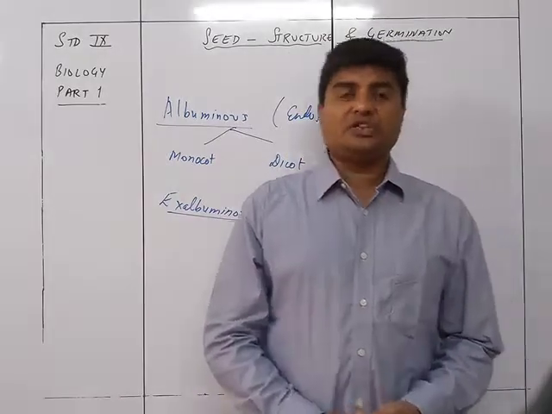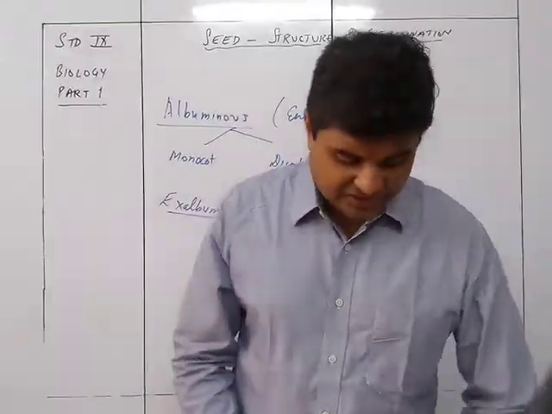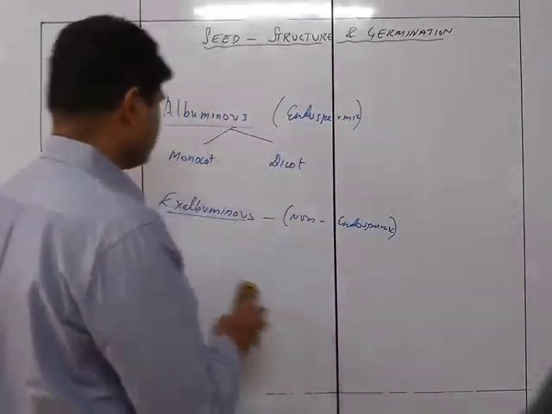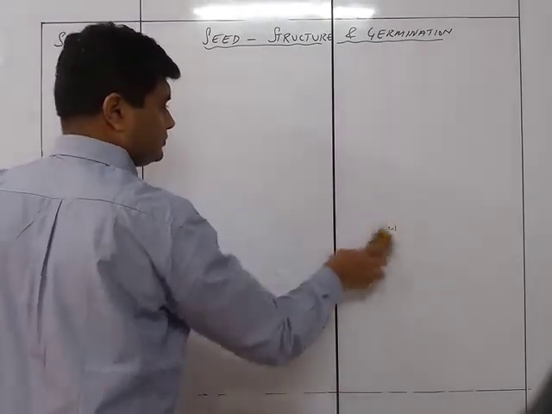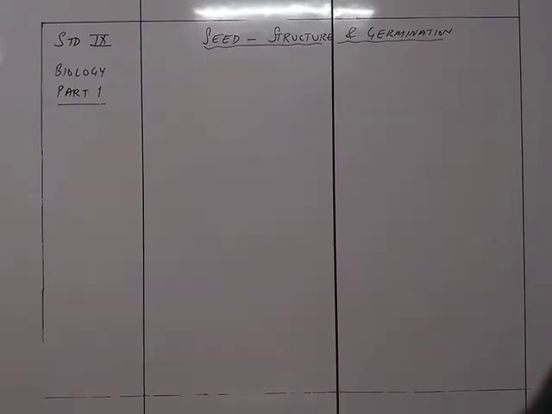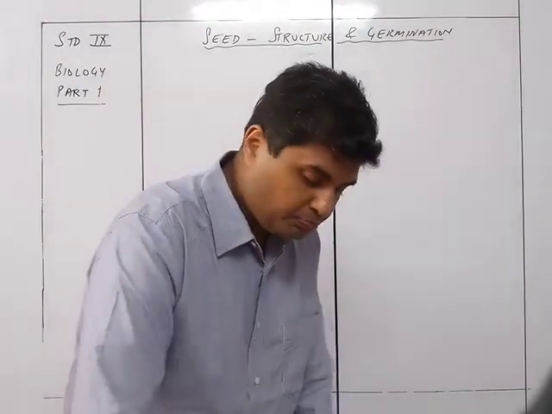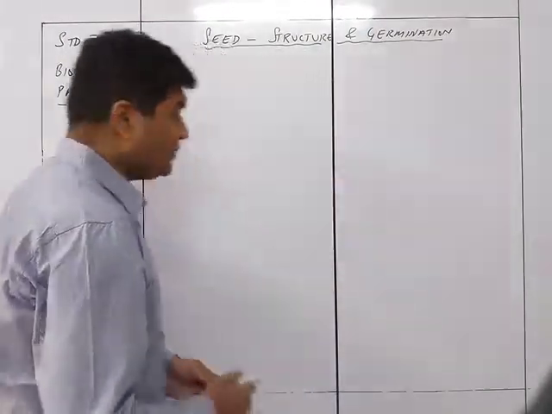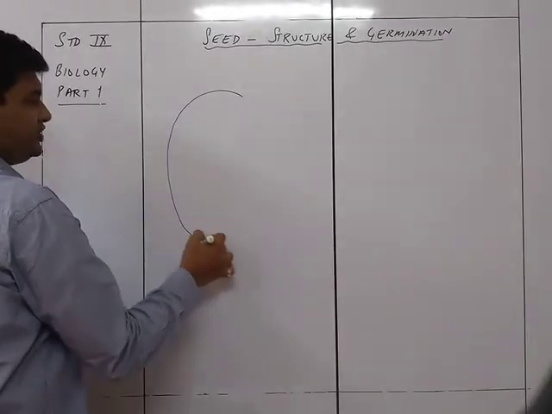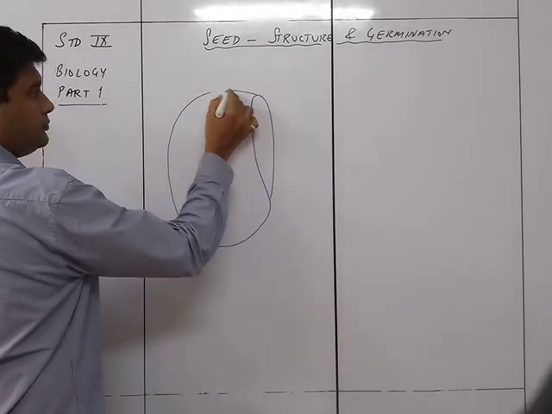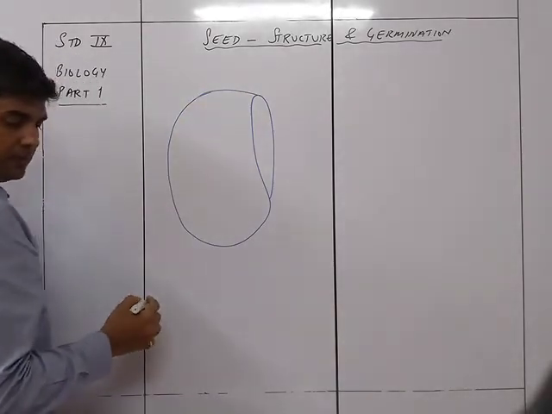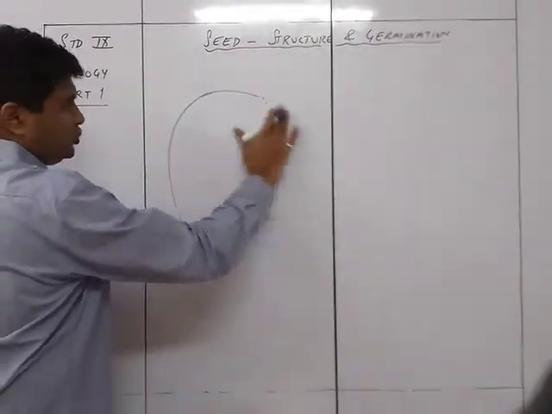Now we see the structure of a bean seed. So in case of a bean seed, you can see the bean seed is like this, a kidney shape.